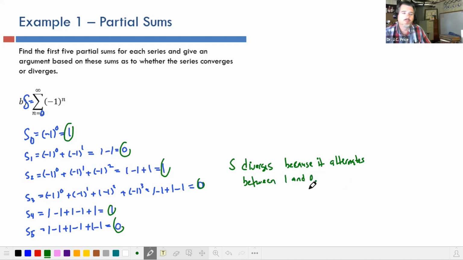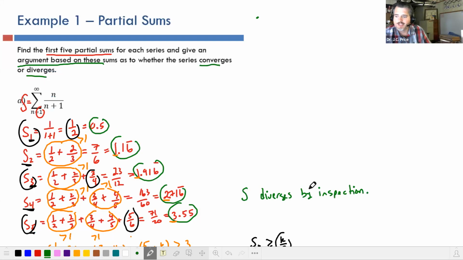So there's a nice sort of argument you could give. In fact, we could go back to this first one here and probably do a better argument. So S diverges by inspection, and we could say because it looks like the partial sums are getting bigger.